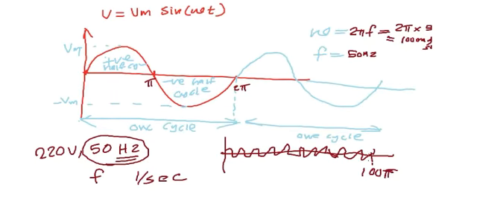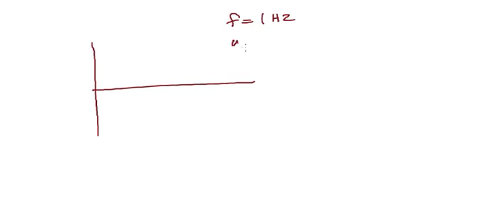At 1 second it will cross 100 pi, and after another 1 second it will be at 200 pi, and at the end of another 1 second it will be at 300 pi, etc. To understand, we can consider a signal with f equal to 1 hertz. Omega equal to 2 pi f, that is 2 pi into 1, that is equal to 2 pi radian per second.